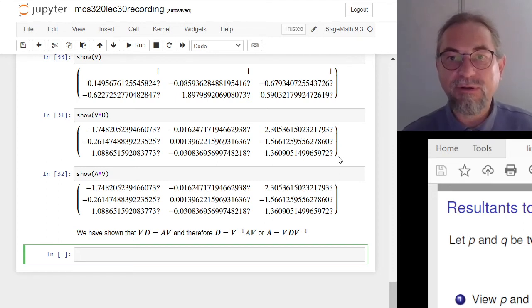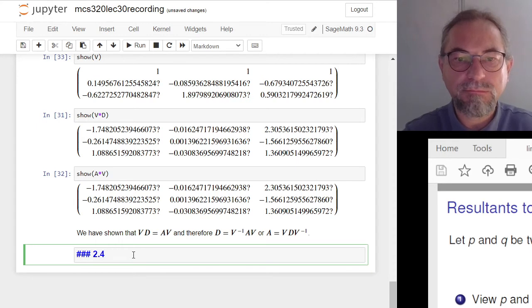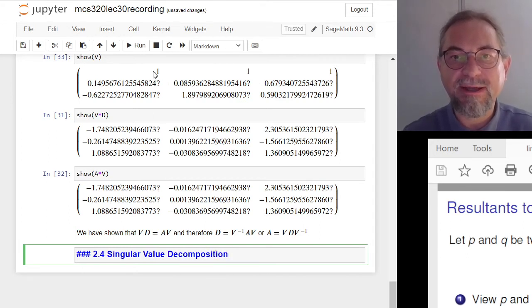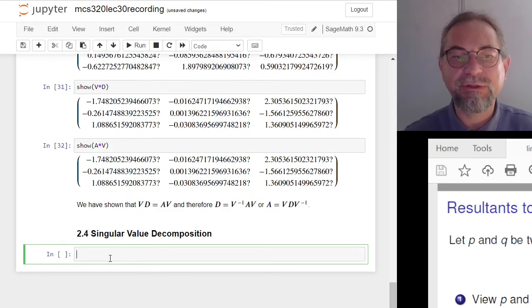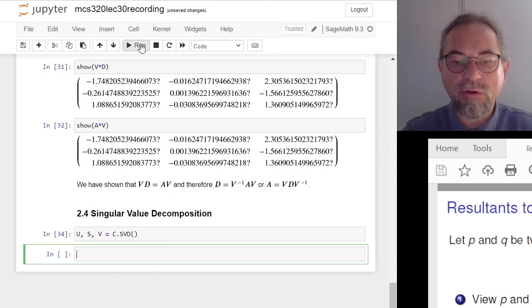Okay, so another diagonalization is the singular value decomposition. This singular value decomposition is, again, not defined for the original matrix A. So we must use, again, the matrix C. So what do we have? We have an orthogonal matrix.